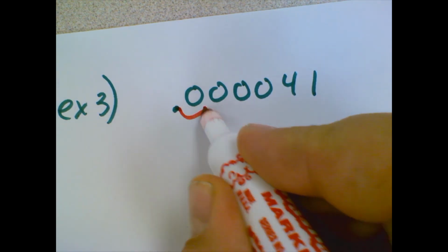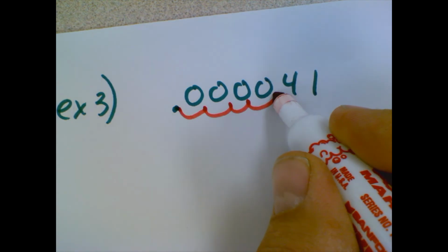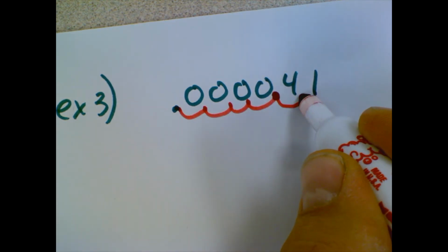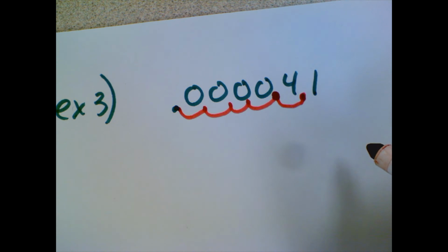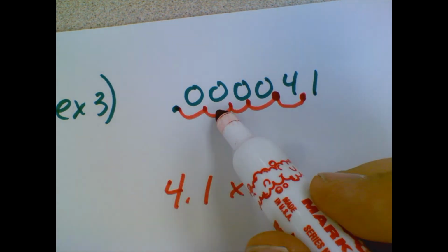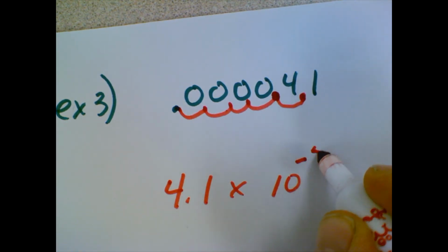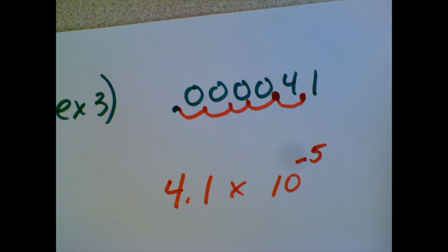So I have to move it 1, 2, 3, 4. I'm at 0.41. That's not between 1 and 10 yet. But if I move it one more spot, we're at 4.1. So this would be 4.1 times 10. Now we moved 1, 2, 3, 4, 5 places. However, if it's a small number and you move the decimal to the right, the exponent is negative.